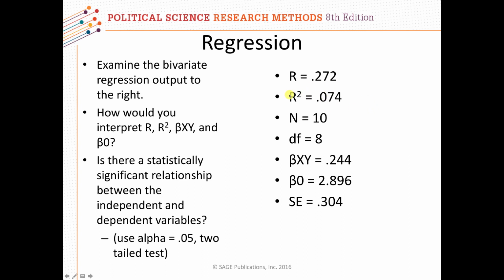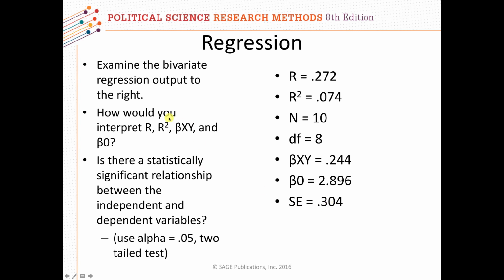Here, our r squared is explaining about 7% of the variance in the dependent variable. We have 10 observations, which gives us 8 degrees of freedom. Our slope is, for every 1 unit change in x, we see a 0.244 increase in y. Our y-intercept is 2.89, and our standard error is 0.304.